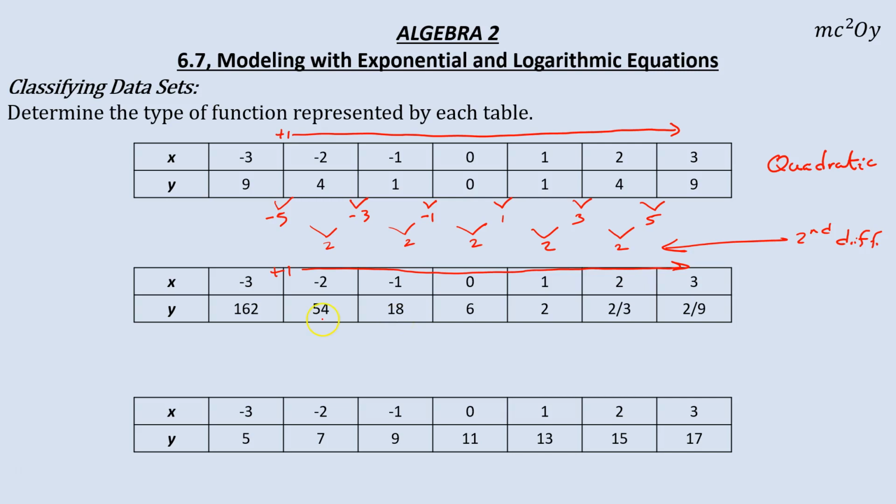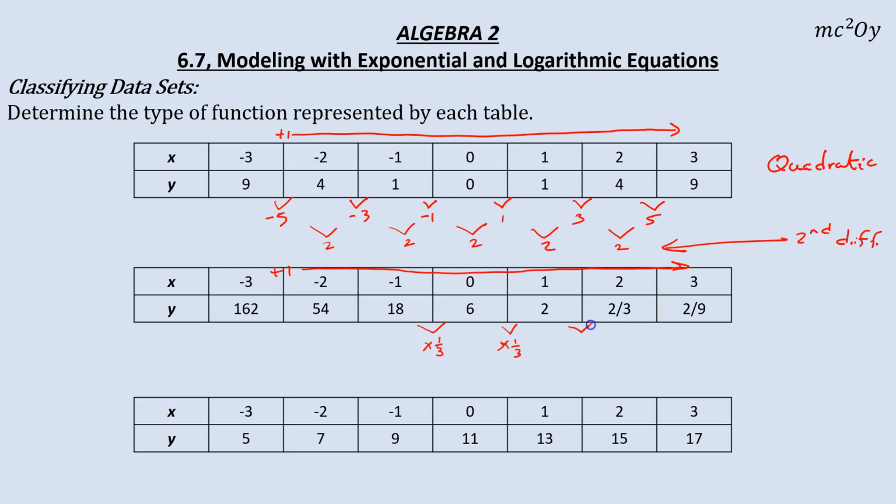Quite honestly, I don't know what 162 times what is 54, or 54 divided by 162. But as I look down here, I see 2 divided by 6. Hey, this is 1/3. I'm dividing by 3, or multiplying by 1/3. So I can ask, am I multiplying 18 by 1/3, or dividing 18 by 3, to get that? Yeah, I am. Now, we don't say divided by, we say multiplying by a number between 1 and 0.